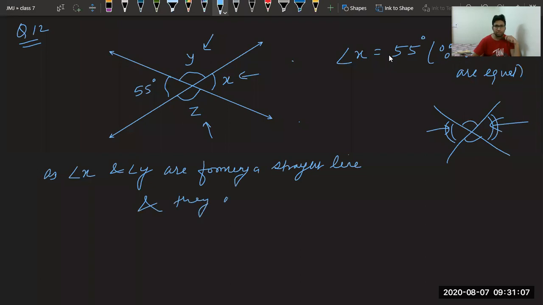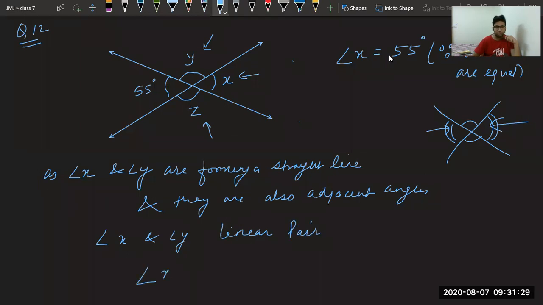As they are adjacent and forming a straight line, we can say they are a linear pair. Yes beta, angle X and Y are a linear pair of angles, and we know angle X plus angle Y equals how much? 180 degree.